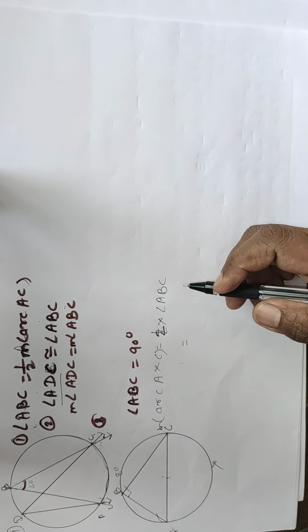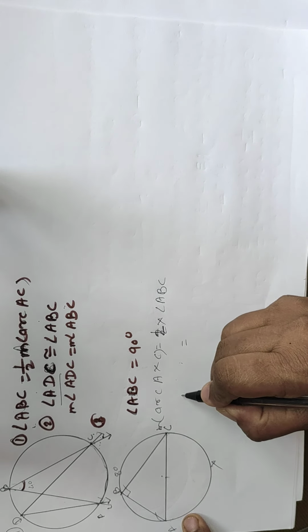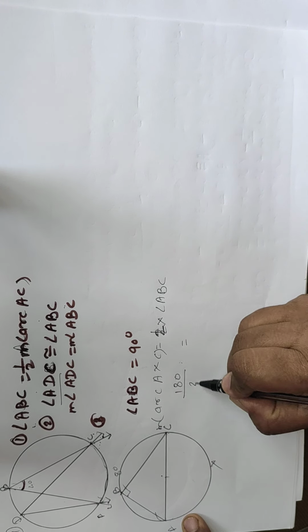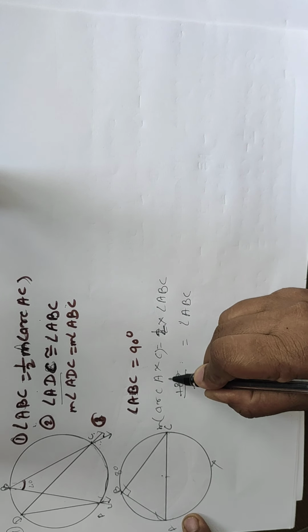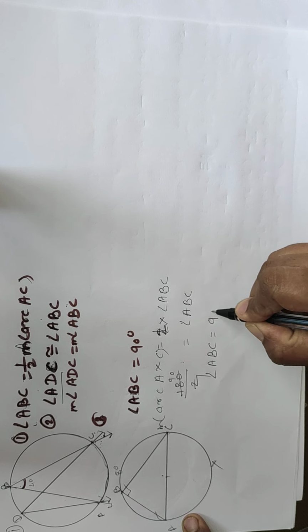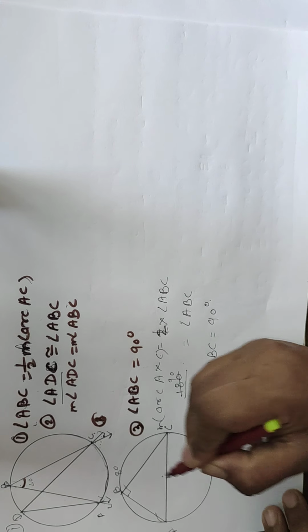Here, AXC is 180, and the 2 goes to the other side for division. So 2 ones are 2 and 2 nines are 18, and angle ABC is equal to 90 degrees. This is the third point that we have to remember.